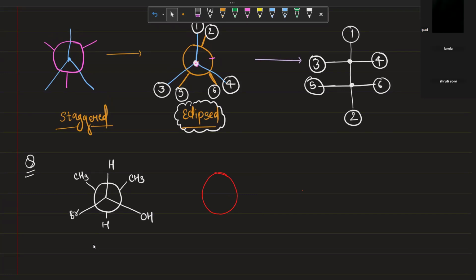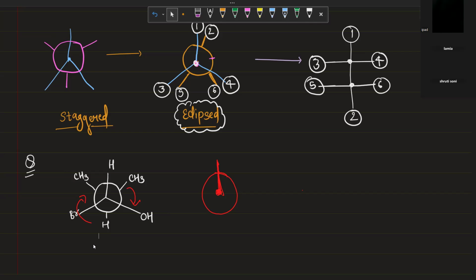So how do I do it? Do I follow the model that you made in the first one? There is no rule to rotate this clockwise or anti-clockwise.